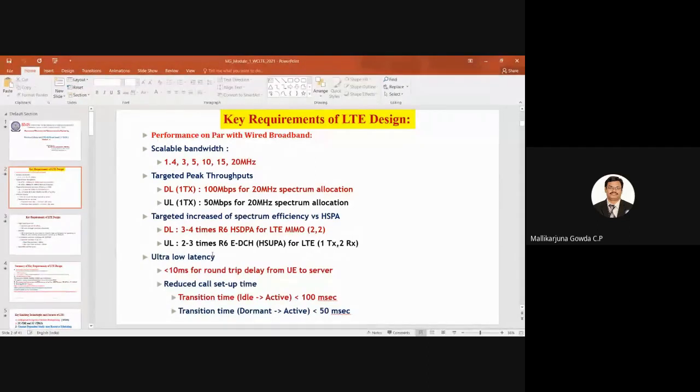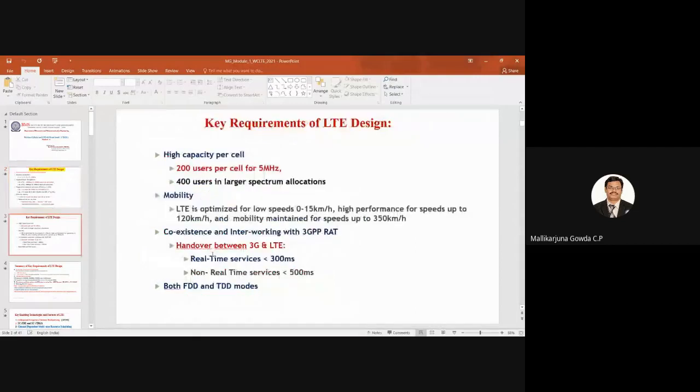Then I spoke about mobility, and about coexistence and interworking with the lower versions of the network. And it supports both FDD and TDD modes.